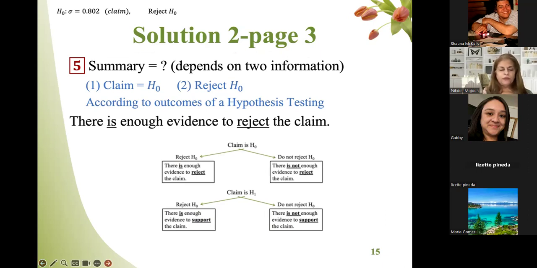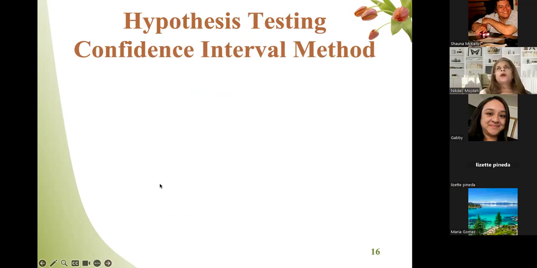Okay. If you remember in section 8.1, I mentioned that there are 3 different methods to do hypothesis testing: the traditional method and the p-value method, which we have been going through throughout this chapter. There is one more method, called the confidence interval method. I'm only going to give you the steps, but we are not going to go over this method in this course.